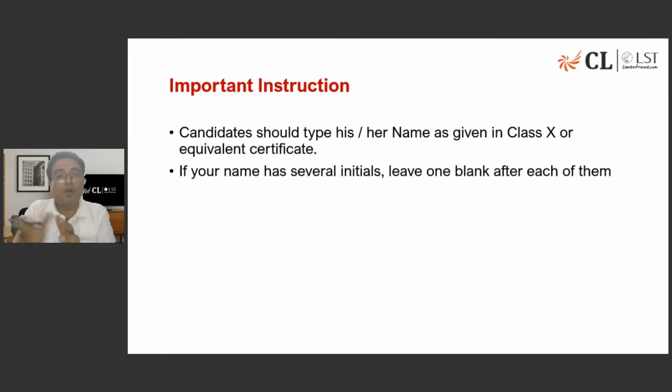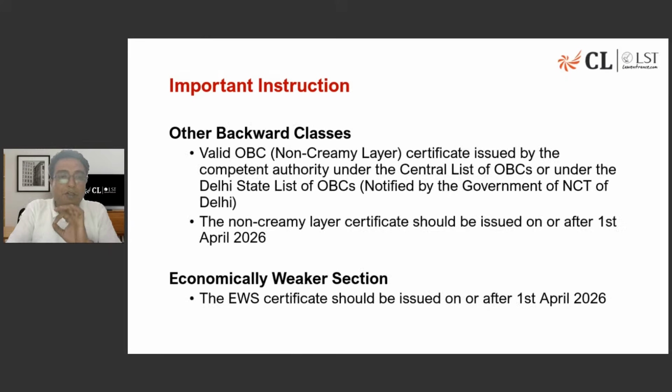I don't have to put dots over here. I'll simply write K, put a space, A, put a space, and write Kumar. That's an instruction which has come directly from the National Law University this time in the application form, which you have to be very, very careful about. So that you have to follow. This you shouldn't be missing out. And this is specifically for those students who have several initials.